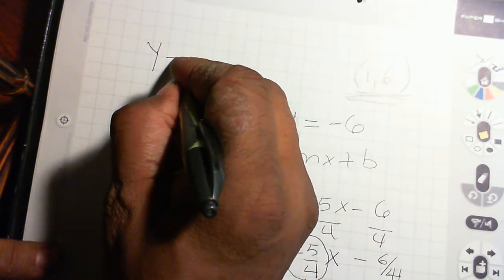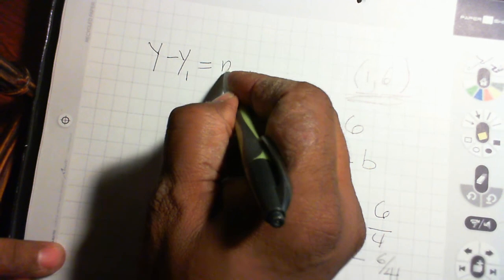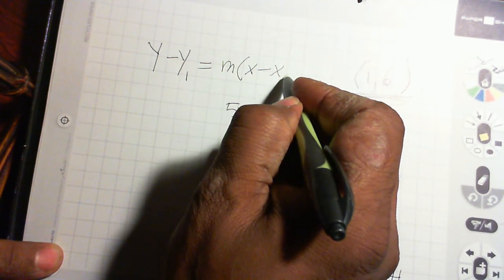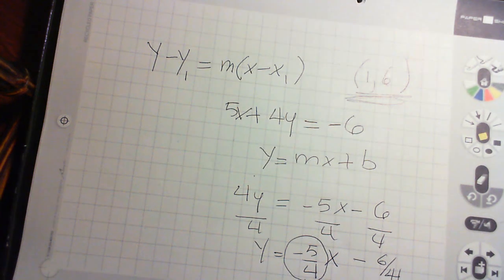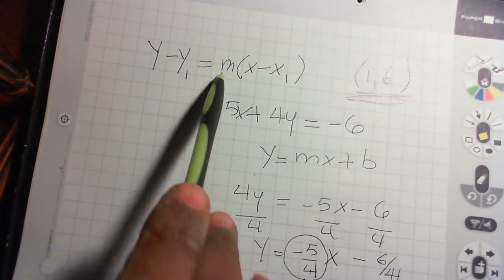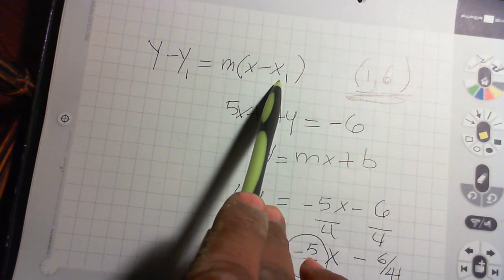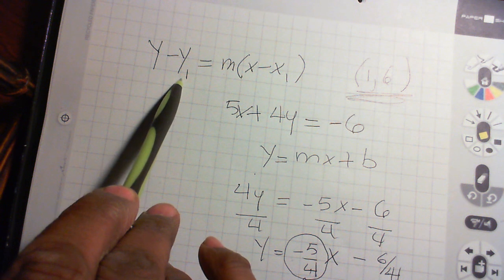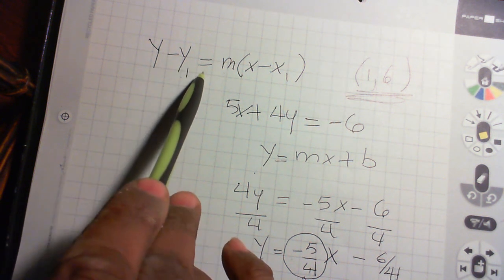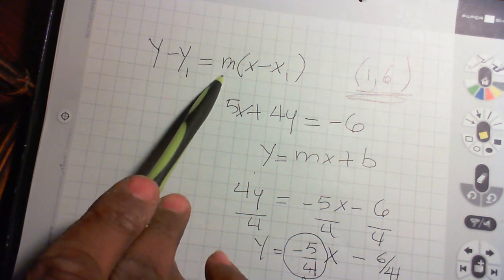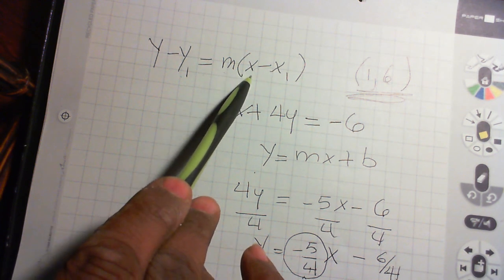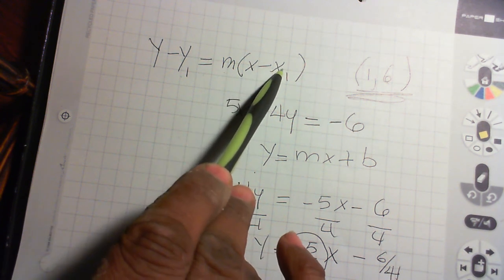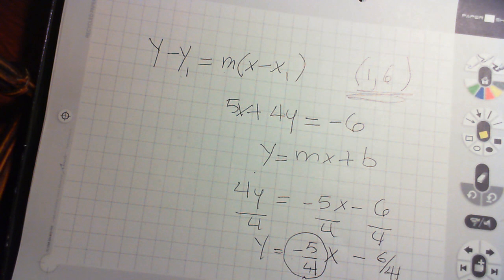So you would use the equation y minus y1 is equal to m times x minus x1. You would put negative 5 over 4 for m, 1 for x1, and 6 for y1. So you're going to have y minus 6 is equal to negative 5 over 4 times x minus 1. Okay? That would be the equation of the line.